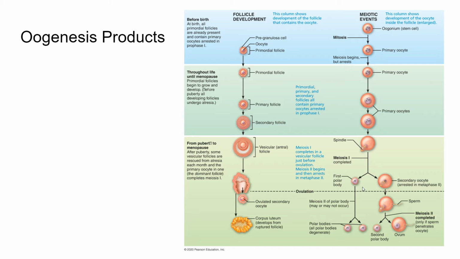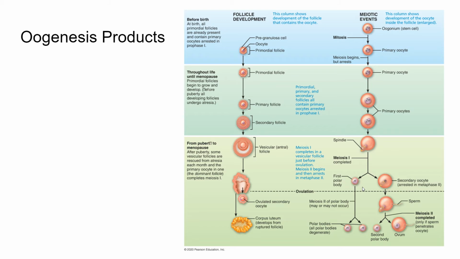The secondary oocyte is going to arrest itself in metaphase 2, as you can see there, and it will wait until fertilization. Once fertilization occurs, meiosis will complete and it will become the full-on egg, and then those two nuclei will combine and form the zygote.